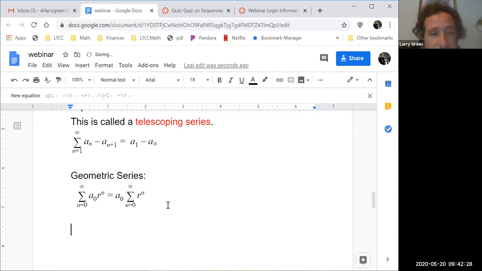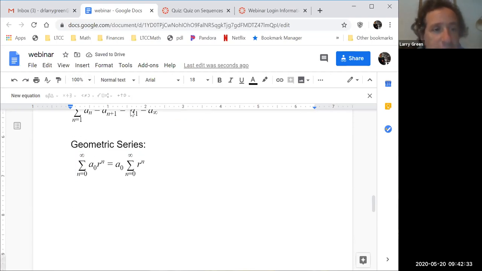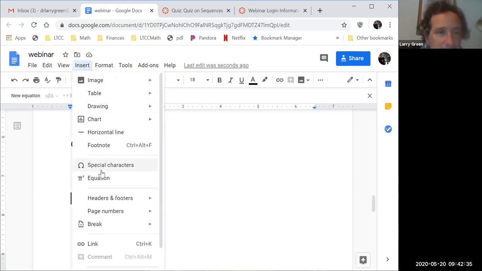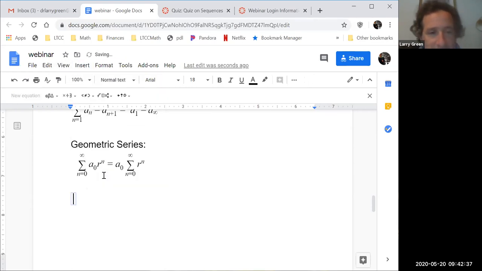So now I'm going to write down the summation of R to the n without using sigma notation. I can use dot, dot, dot notation because it turns out it's a little easier.